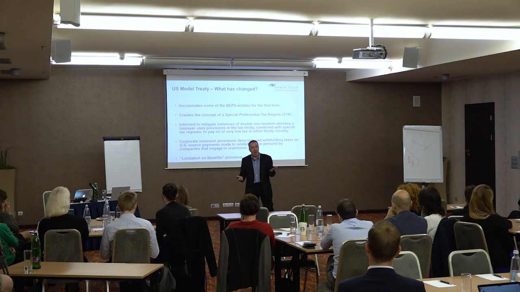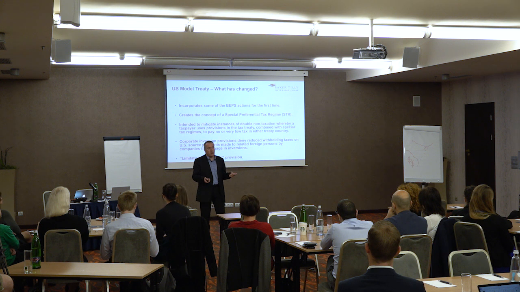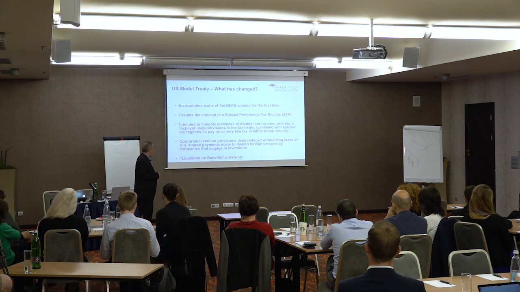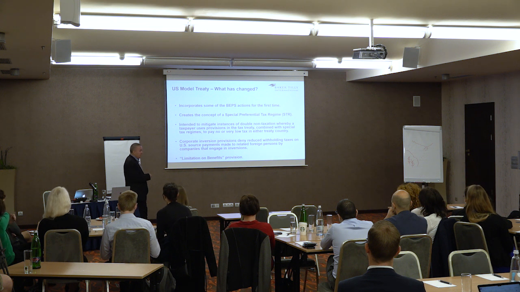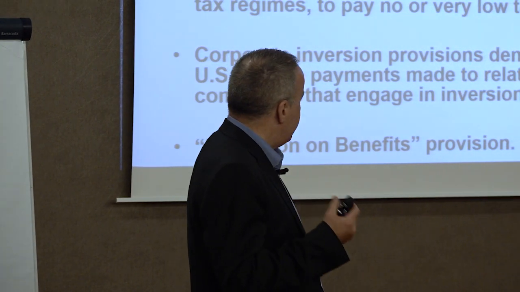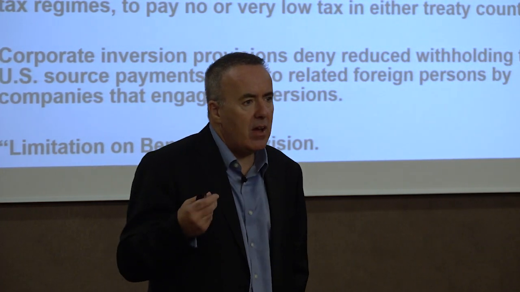If you've set something up without any real substance and without any real business intent, and all you've done is set something up to take advantage of the provisions of the treaty, then the extent to which you can benefit under the treaty is limited. That's one of the things that the US treaty does include. And similar to that, the US treaty has introduced the concept of a special preferential tax regime.